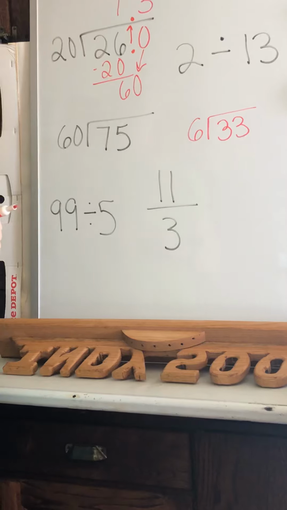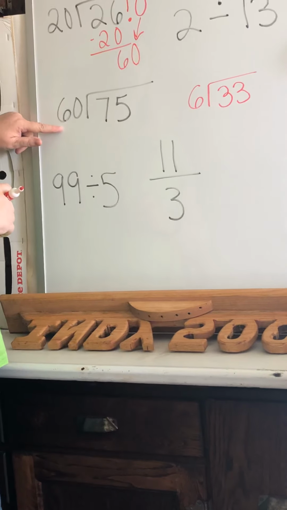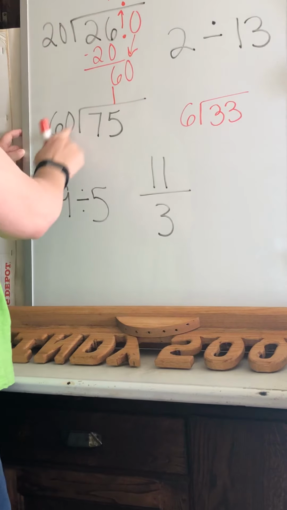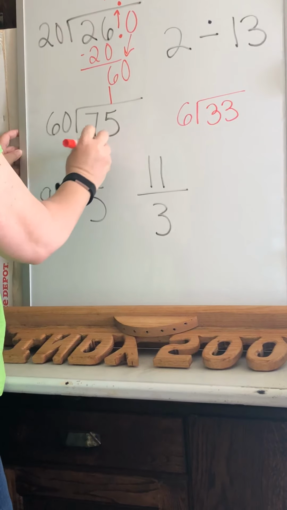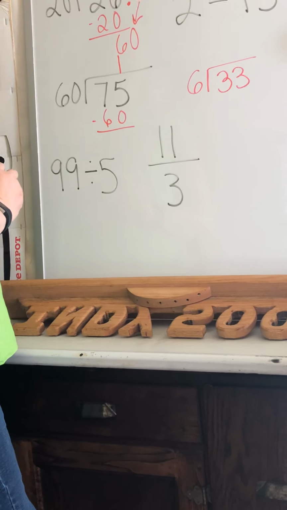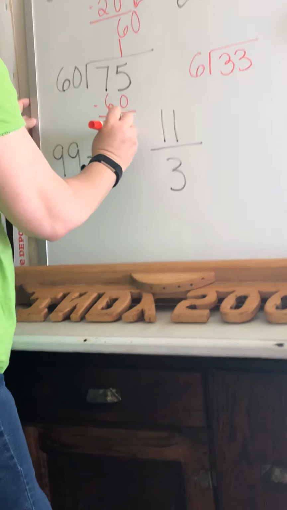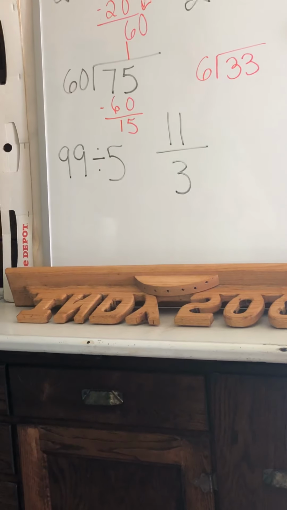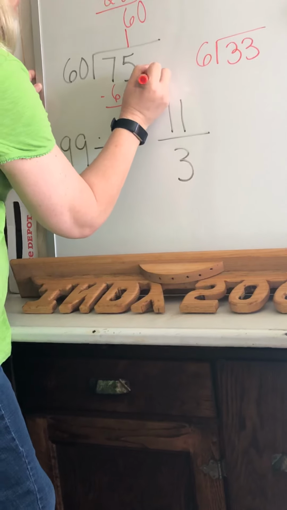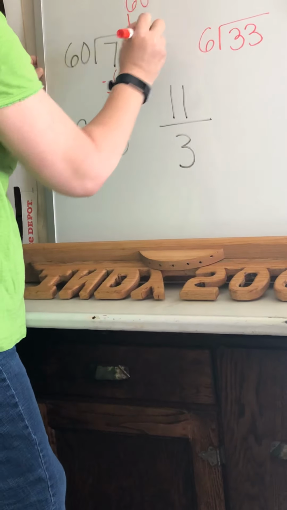Okay? Another problem that's just like this one, 60 goes into 75 1 time. 60 times 1 is 60. And you have how many left over? Well, you're going to have 15 left over. So I can't make it into a remainder, so I'm going to add a decimal after the 75, and I'm going to add a 0.